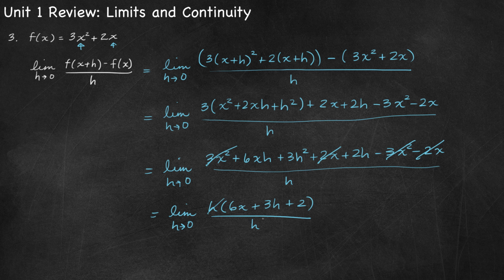Then I can cancel out my h's, and now I want the limit as h approaches 0 of 6x plus 3h plus 2, and I'm going to find that limit using substitution. So when I substitute 0 in for h, I get 6x plus 2.